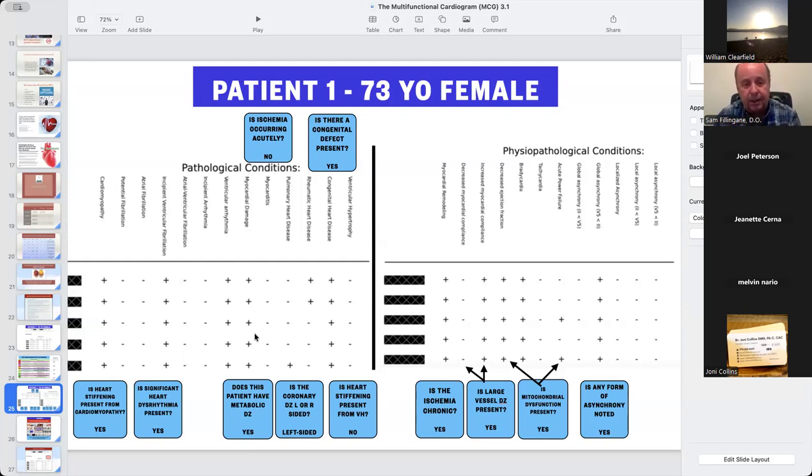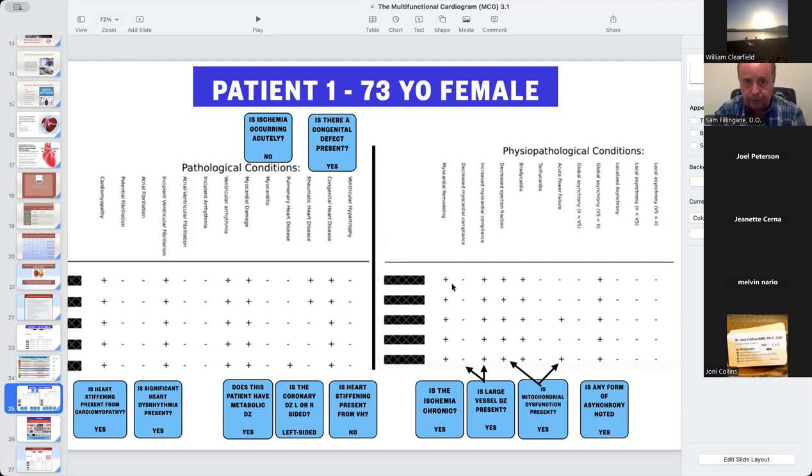And what I mean by that is this patient has metabolic disease that creates cardiovascular inflammation. Now we want to know if that inflammation is acute or chronic. Myocarditis has to do with acute disease, and this patient is all 5 negatives under acute disease.